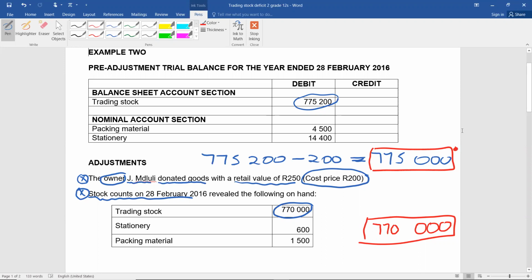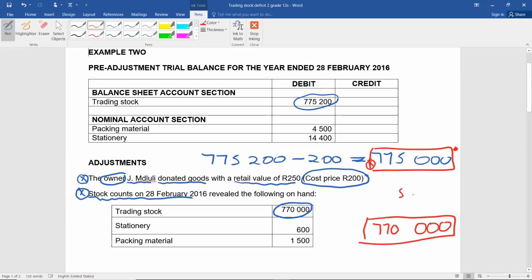After Saki, we go to the first person. I think the first person was Amanda. Yes, sir. What must I do to this amount, since this amount is the incorrect amount? You decrease it. By how much? By 5,000.